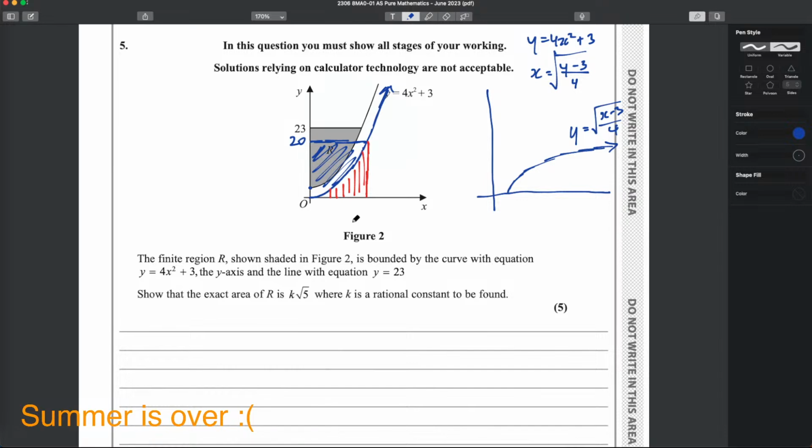Oh, Pratham, there's another way to do it.